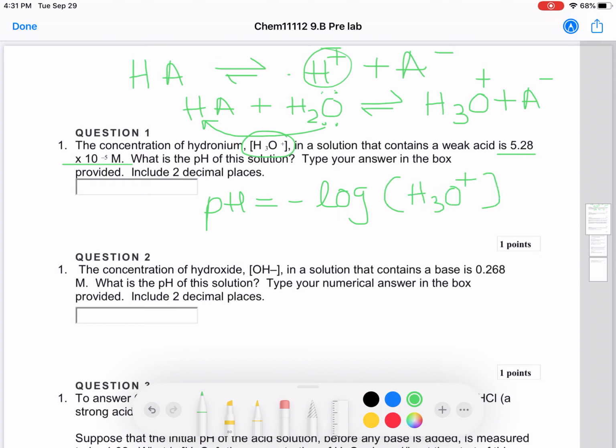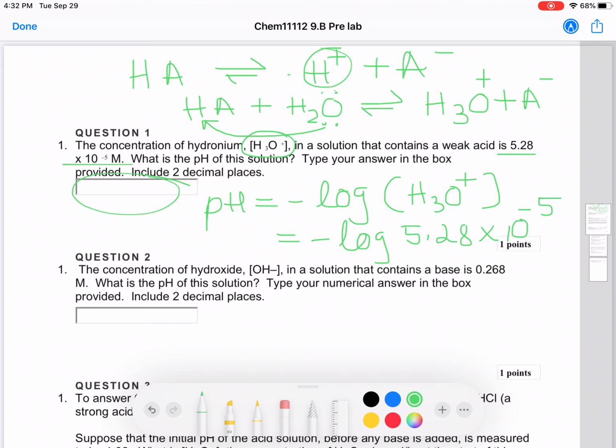So negative log of the hydronium ion concentration, 5.28 × 10^-5. You put the numbers in the calculator, and you will get the answer. Write the answer to 2 decimal places. You guys can write it down over here. I'm not going to give you the answer, you guys can do it.